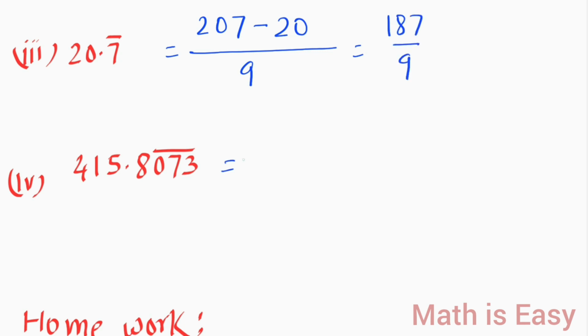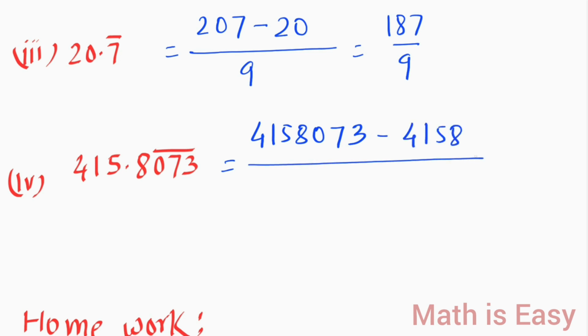And this number, how to do this? First write the whole number, now subtract the non-repeating part, and that is 4158 upon, okay, since here 3 digits are repeating, we will put 3 nines here, and there is one digit between the decimal point and the repeating digits, so we will put one 0 here, and now you can simplify this, okay.